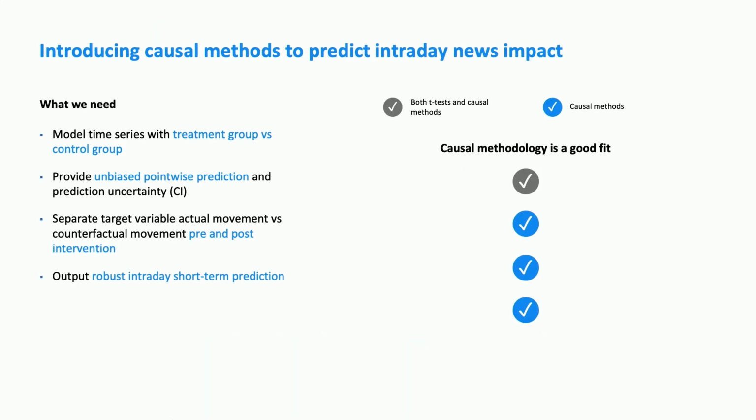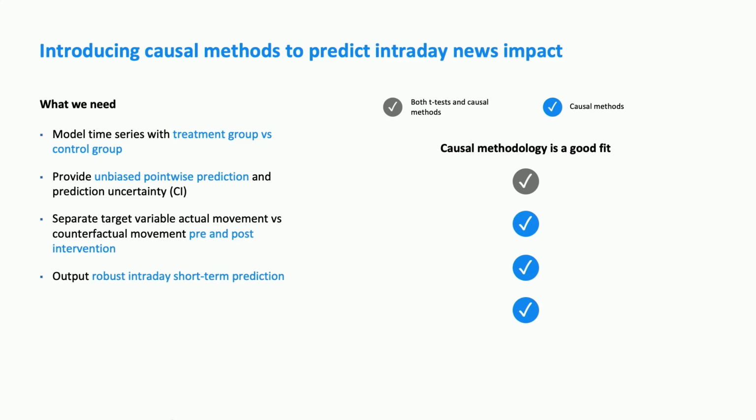So what do we need here? We need to model time series with a causality base. And we need to provide unbiased point-wise prediction. And we also need a very robust, clear way to separate the actual move versus the counterfactual move pre and post intervention.